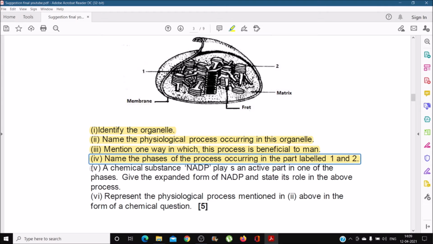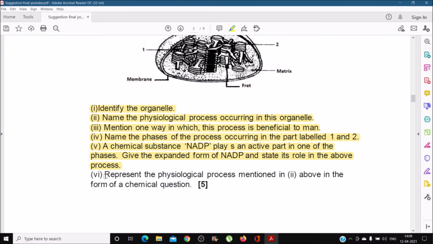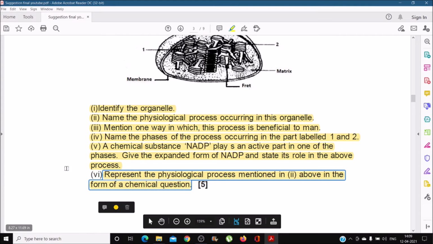Next, 5. A chemical substance NADP plays an active part in one of the phases. Give the expanded form of NADP and state its role in the above process. Next, represent the physiological process mentioned in 2 above in the form of a chemical equation.